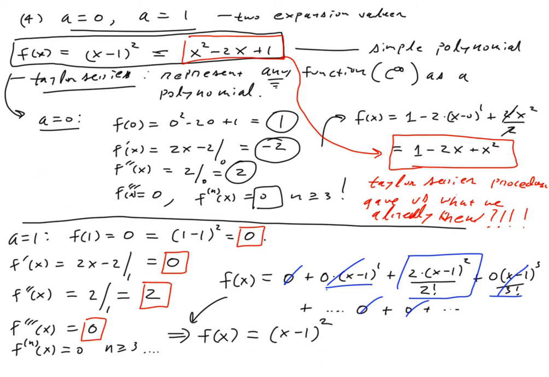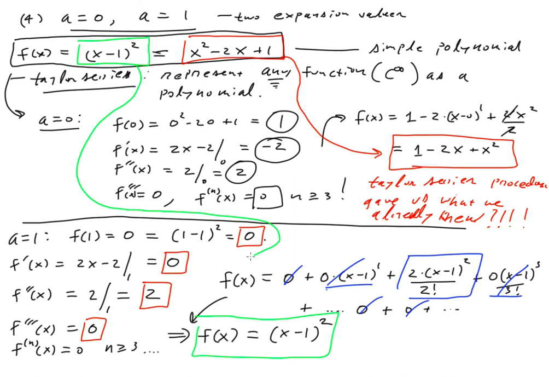Note, and I'll put it in green here, that that's precisely what we already knew. So the Taylor series calculation, expanding about x equals 1, delivered us exactly the same function as we had before.